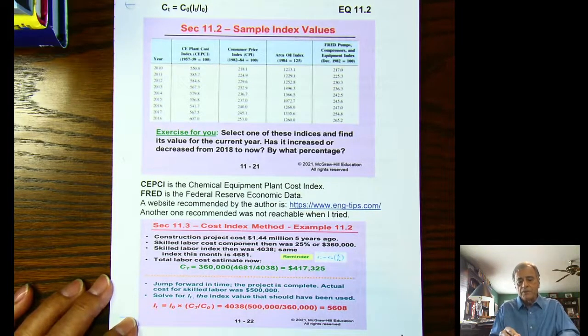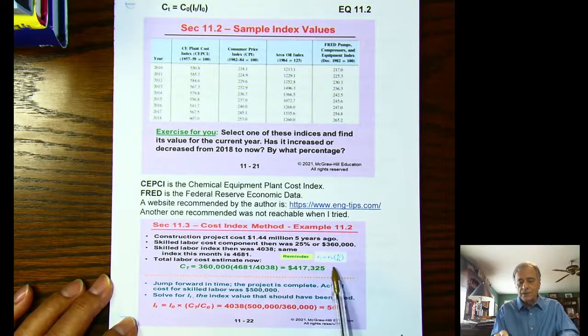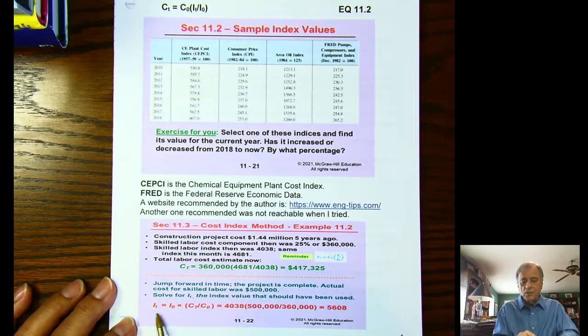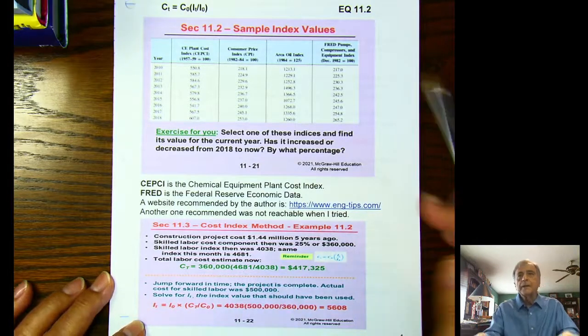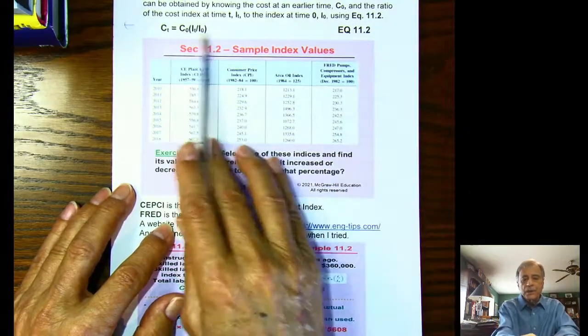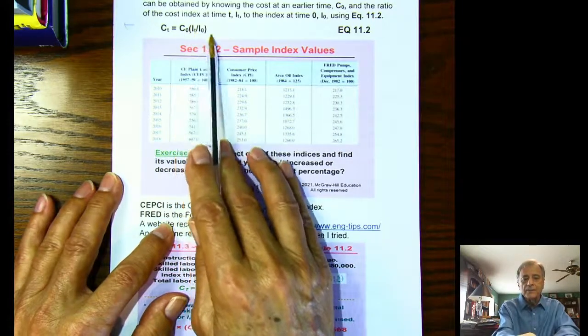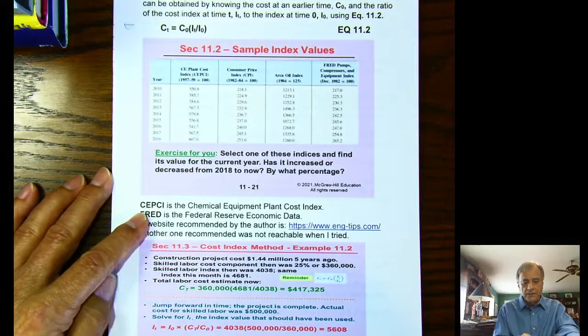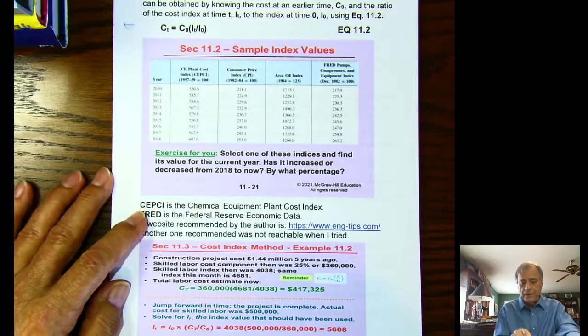And then he carries this example one step further. He says, suppose that the actual labor cost this year ended up not being this estimated number, but rather it was $500,000. Okay, 500,000 there. And he says, well, what was the actual index then this year? And you multiply equation 11.2 through and solve it for I sub t. And then you get I sub t equals I sub 0 times the ratio of the two cost numbers. These are now both actual costs.